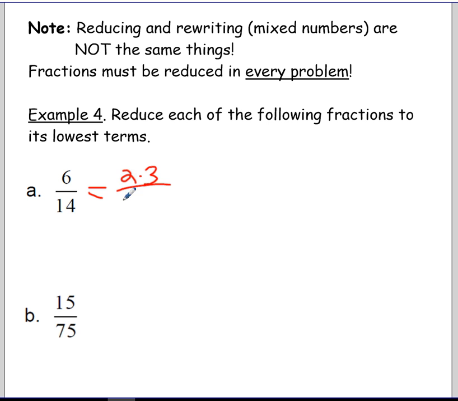And 14 is even, so it's 2 times 7. Notice there's a 2 in the numerator and a 2 in the denominator. If we look at those two together, it's like writing 1, because anything divided by itself is 1, or 2 over 2 would equal 1. So we're really just taking away a value of 1, and notice what we have left over. What we have left over is our reduced fraction, which is 3/7.